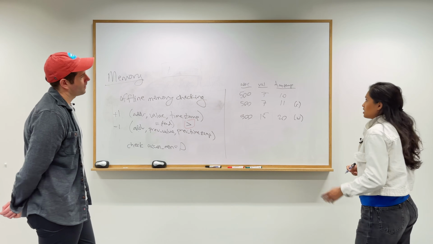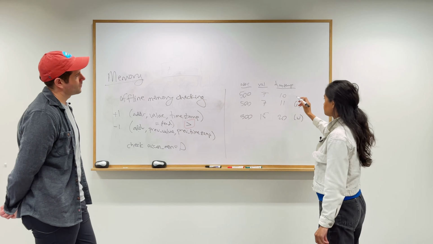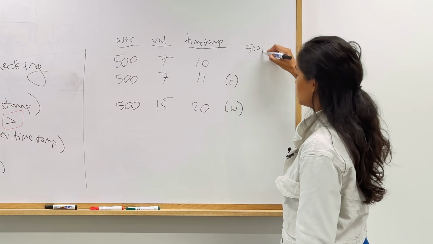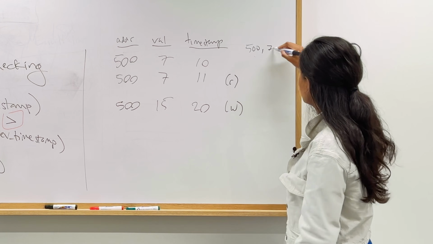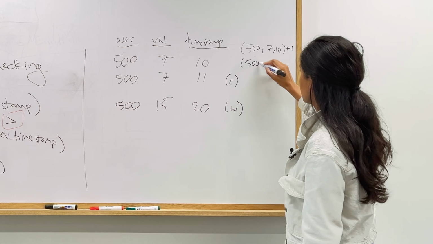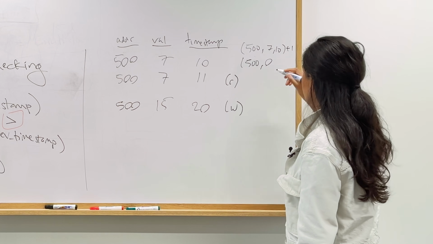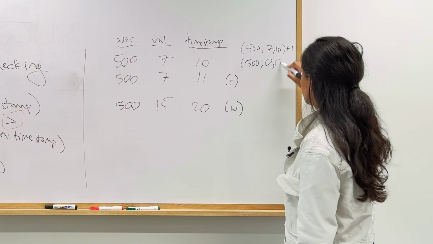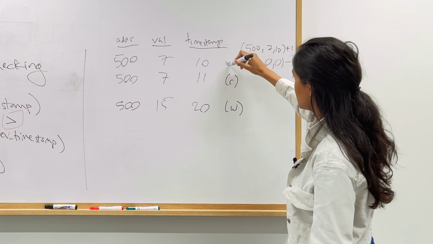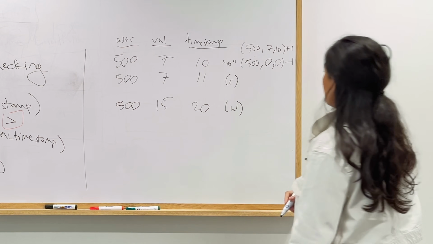There's some subtlety there, but here we've basically added the tuple 500, 7, 10 with +1, and the previous value, let's say, was 0 at timestamp 0, so we've added -1. This is the initialization, and that's taken care of separately.